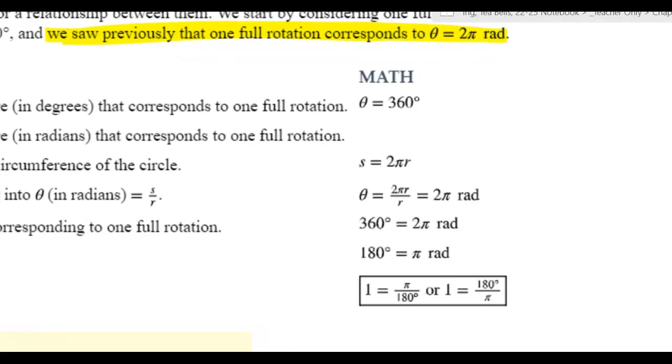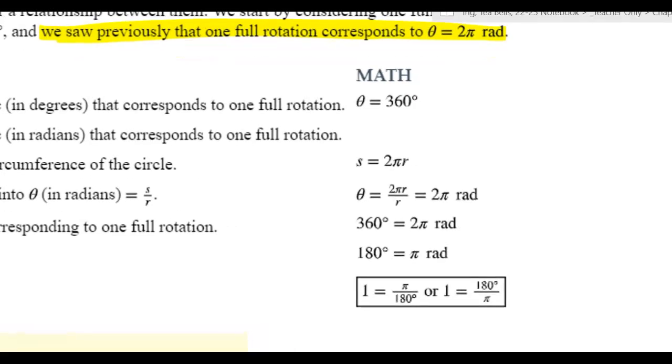So if 360 equals 2 pi, then 180 is going to be pi, right? If it's halfway around, half of 2 pi is just pi. That's a really big piece to understand. If you know what represents a full rotation versus a half rotation, you can get your bearings on where you are in the coordinate plane.